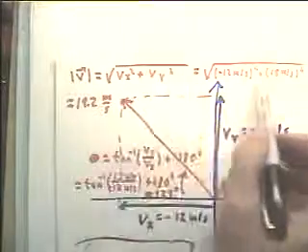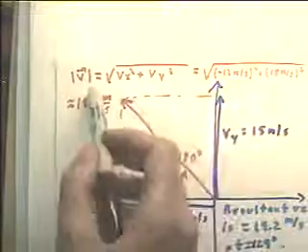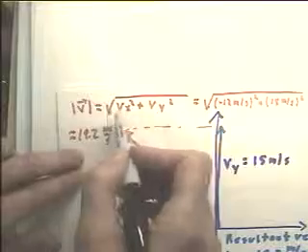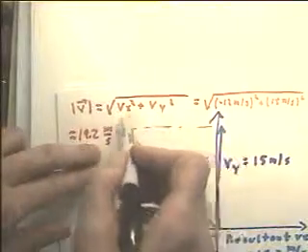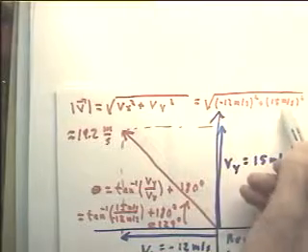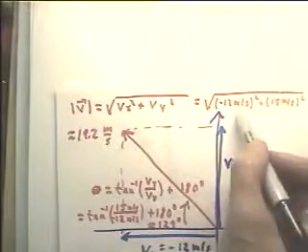The angle is 129 degrees. The magnitude of the velocity is calculated using the Pythagorean theorem again, just adding the squared components. The x component is negative 12 meters per second, the y component is plus 15 meters per second. You square those and they both end up positive.